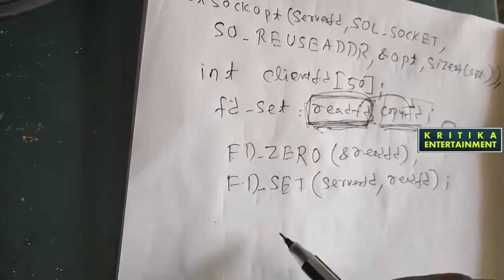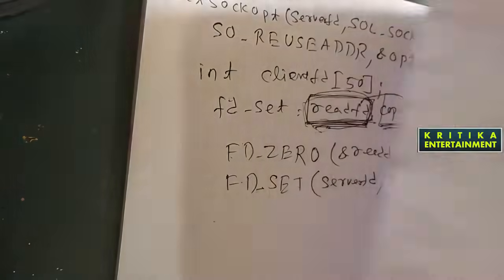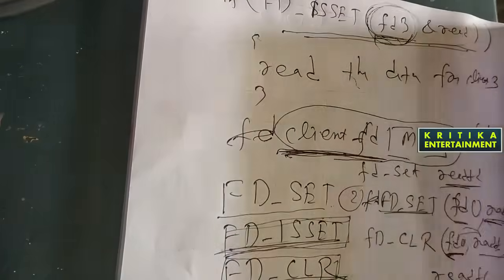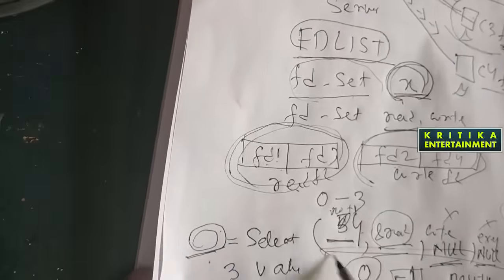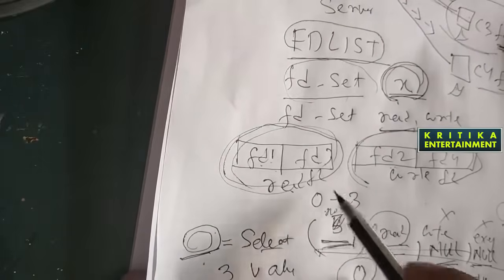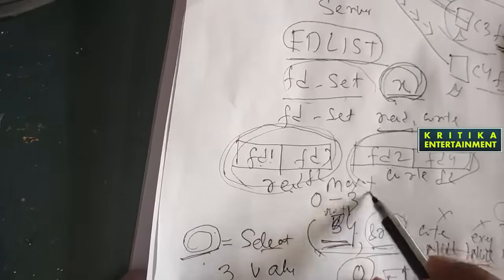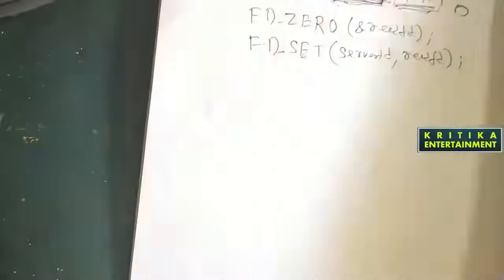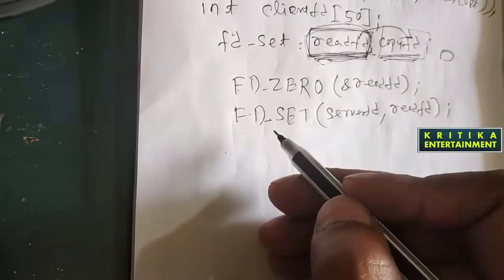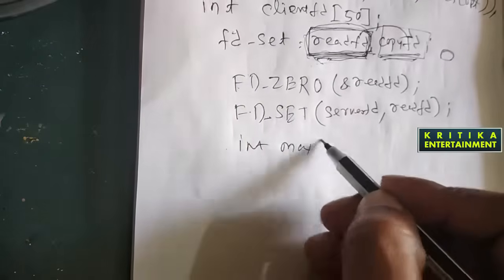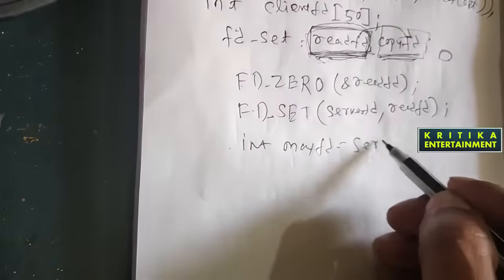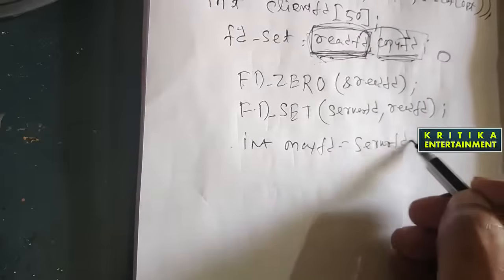So here, in the select function, I will show you on this page: you pass the maximum number of fds, maximum fd plus 1. So here I declare int max fd is equal to server fd plus 1.